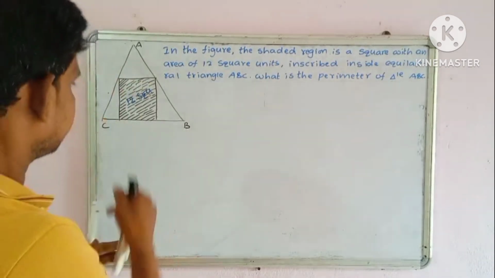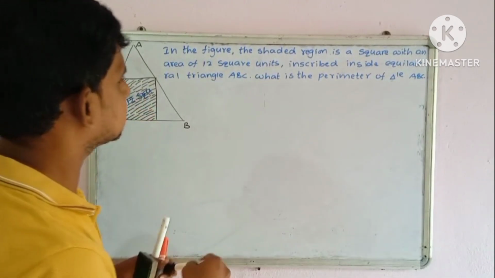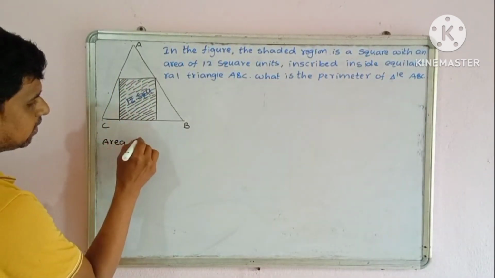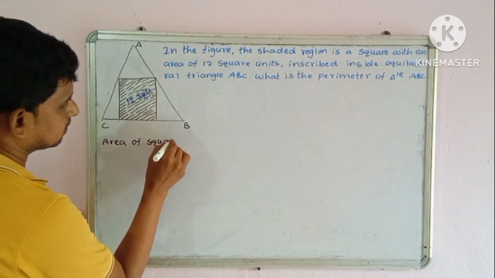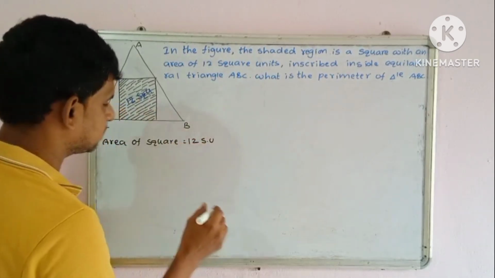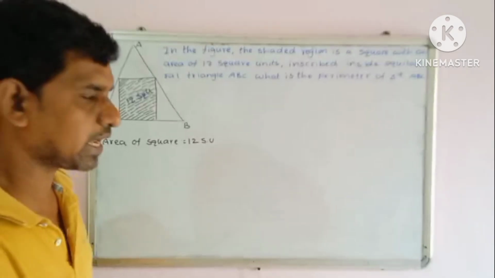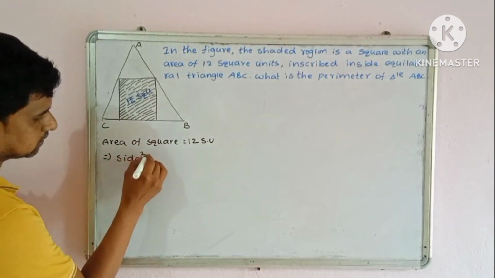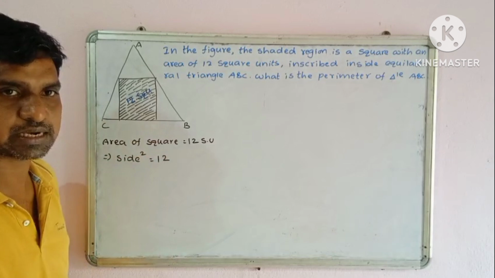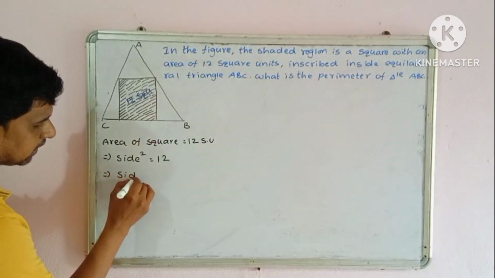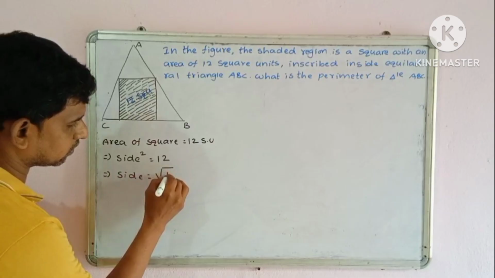First, the area of this square is given. What is the area of this square? Area of the square is 12 square units. Area of a square formula is side squared. Side squared equals 12, so side equals square root of 12.